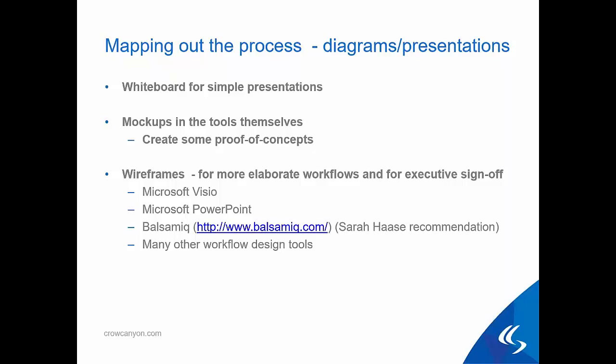That involves talking to users and business owners and doing some kind of interactive or consultative work to get that straight. Sometimes it's very obvious, sometimes it's very complex, and as Sarah Haas was pointing out, the simple can get very convoluted very quickly as people load on things. So it's very important to keep a steady hand on what we want to do as we go through the design process.